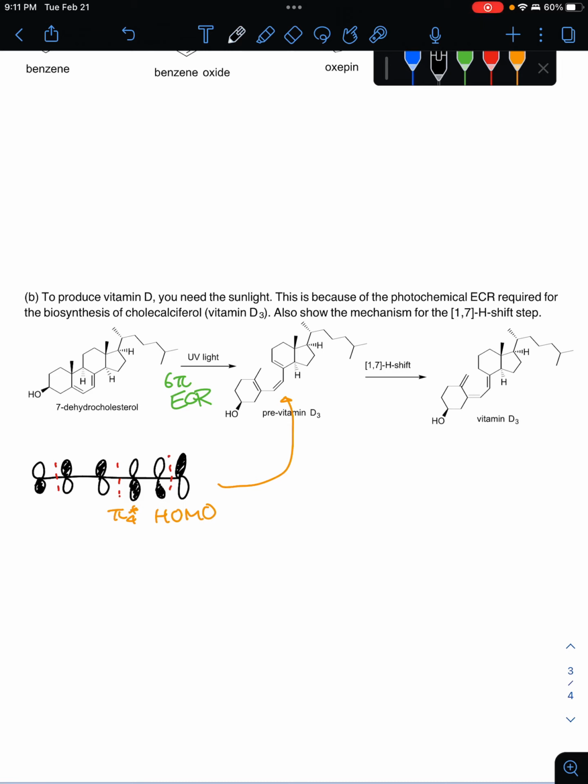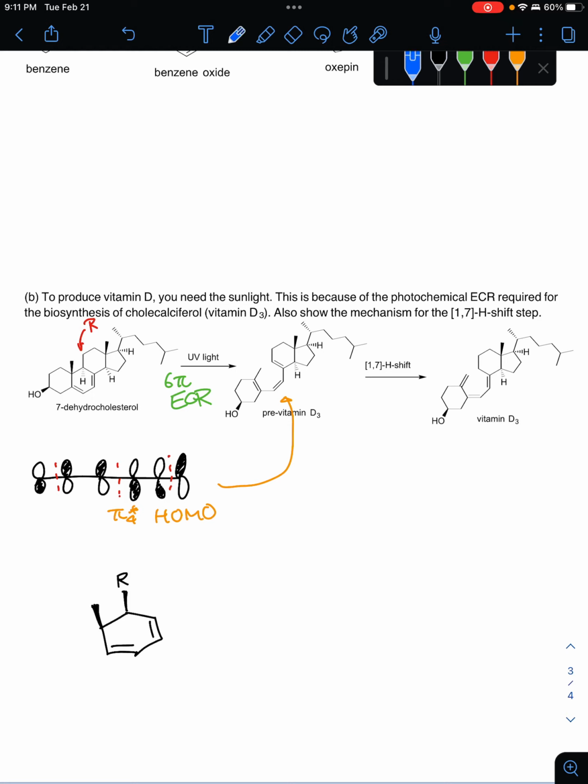So I'm just going to draw just this part of the ring. Okay, just for speed, just to do this real quick, and I'm just going to show how the methyl group is up here, and then the R group, I'm just calling this the R group.